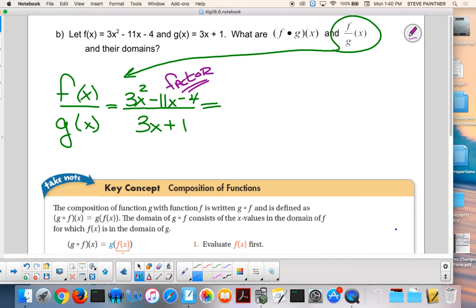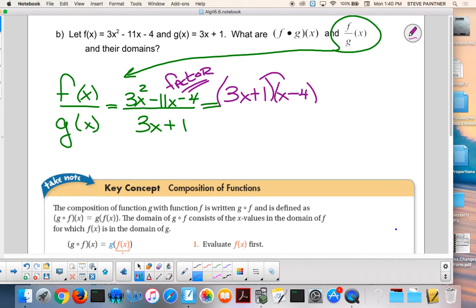Right. Aaron, did you factor the top? Yes. What'd you get? He says 3x plus 1, x minus 4. I'm going to check his answer out quick. What's 1 times negative 4? Negative 4. He got that right. The inner, outer is tricky here, guys.